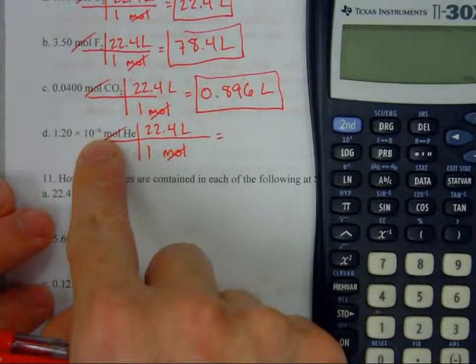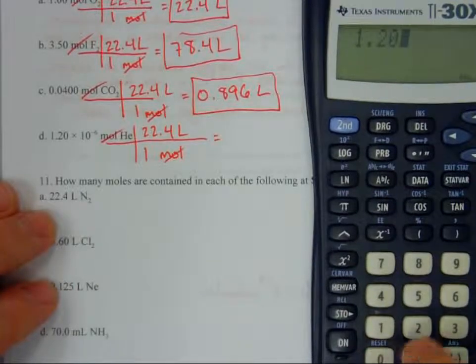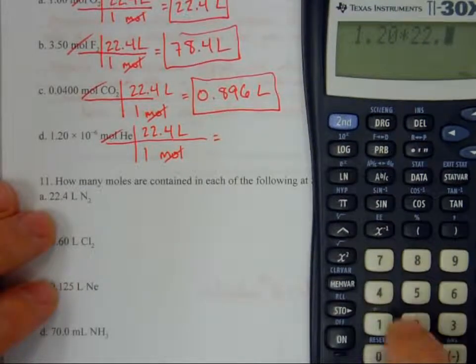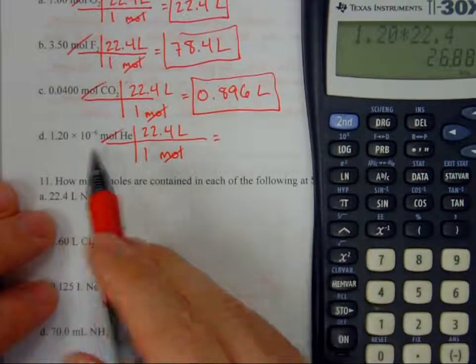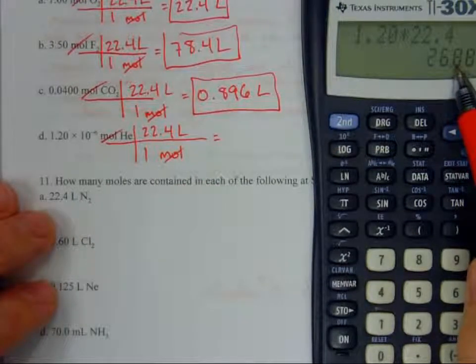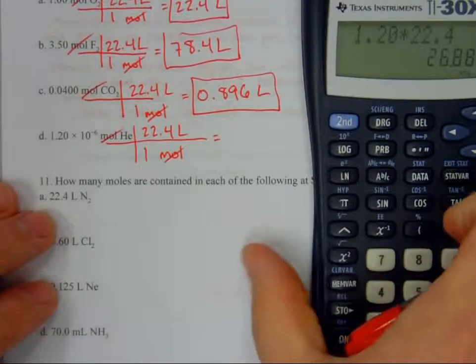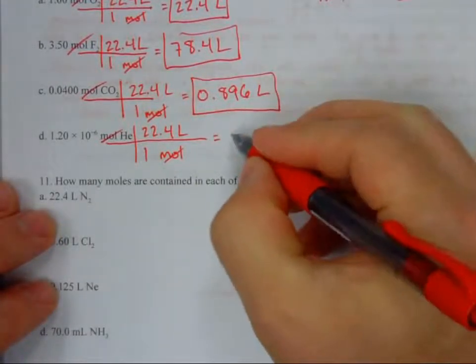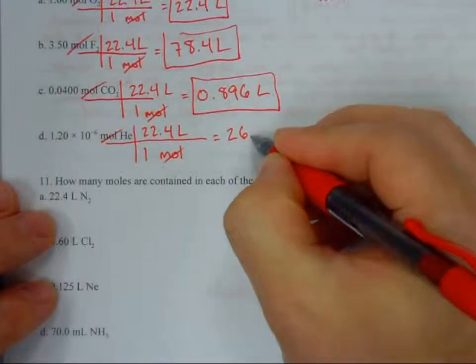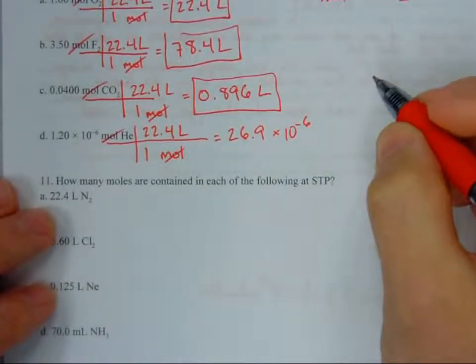I'm going to leave that for afterwards. So 1.20 times 22.4. Now 3 sig figs, I need to turn that 8 right here into a 9, right? So I'm going to go 26.9 times 10 to the negative 6.